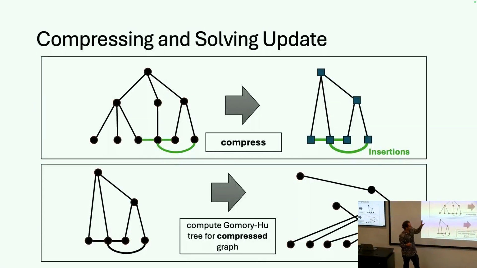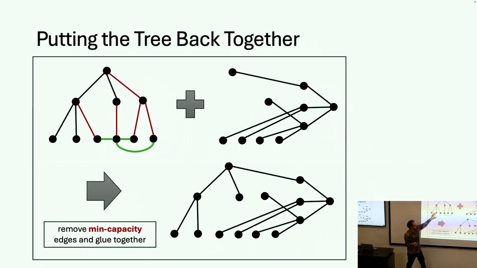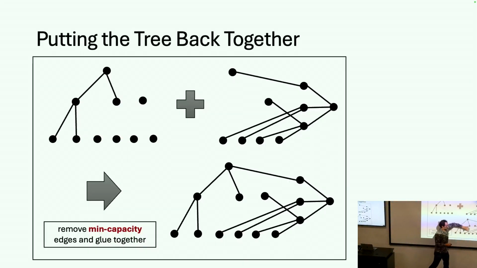And then after this compression, we just use the algorithm that we already have for computing a Gomory-Hu tree, and then we glue these together, kind of like we take this thing here, remove some edges, and glue it together with the other thing to get a full tree back.